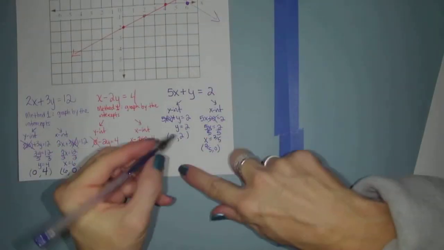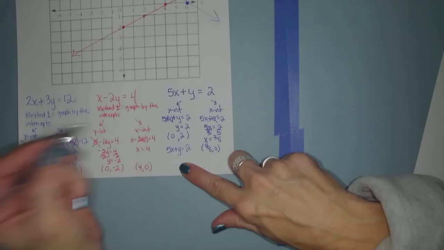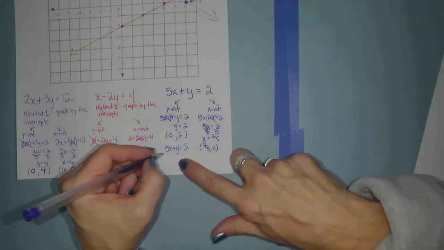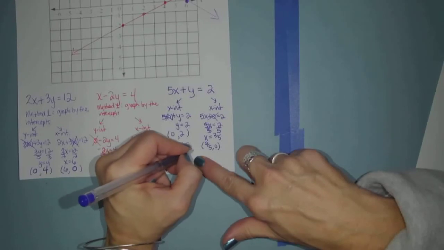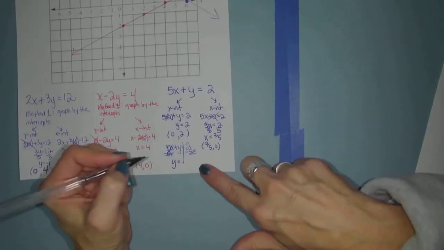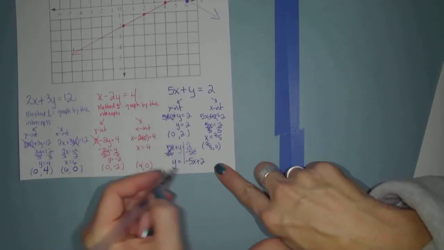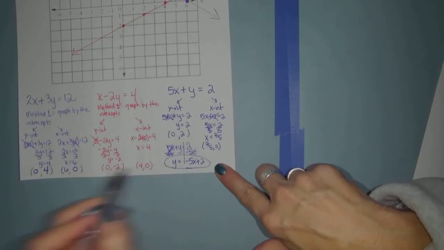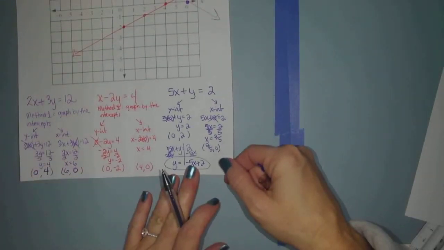If we just take 5x plus y equals 2, and we minus, remember we're solving for y, so just minus the 5x, we will get y equals negative 5x plus 2. From here, you can easily graph this by our slope-intercept techniques.